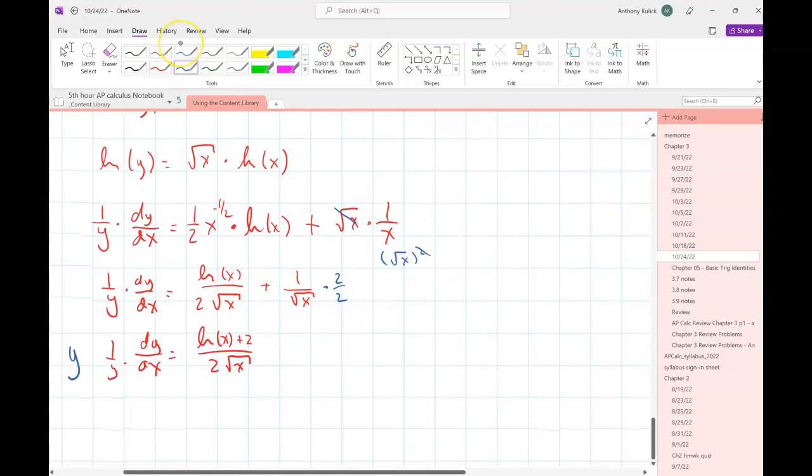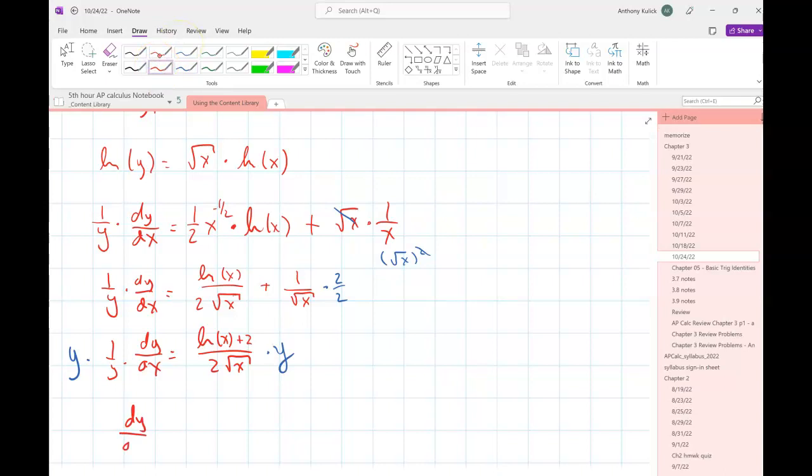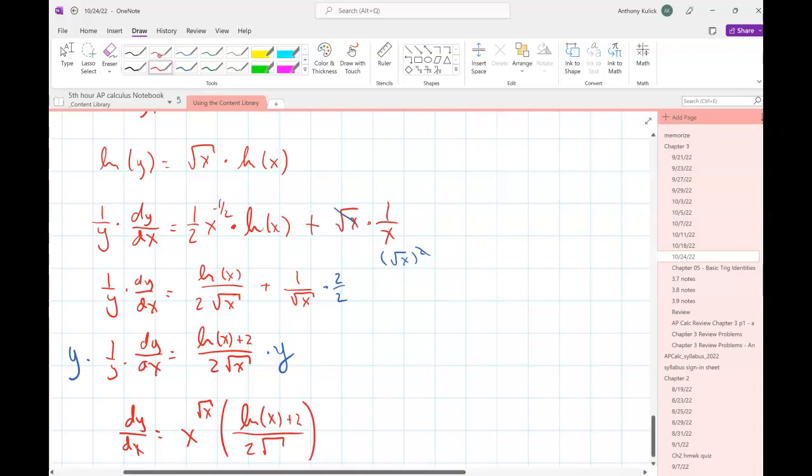And then my last step will just be to multiply both sides by y. And we'll call that a day.